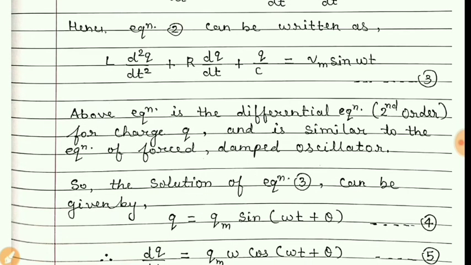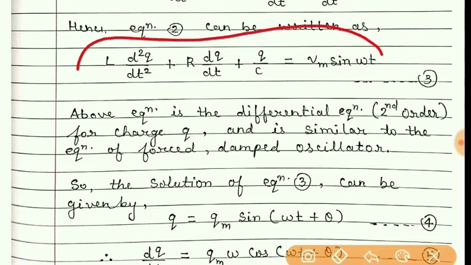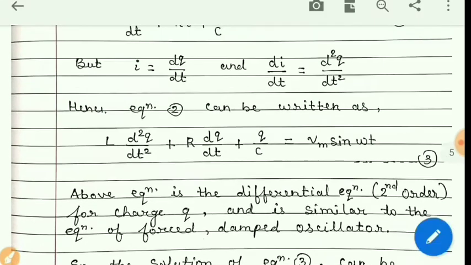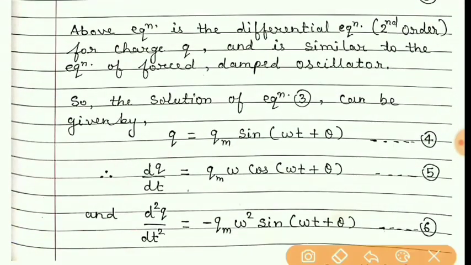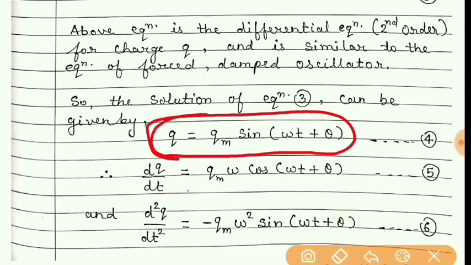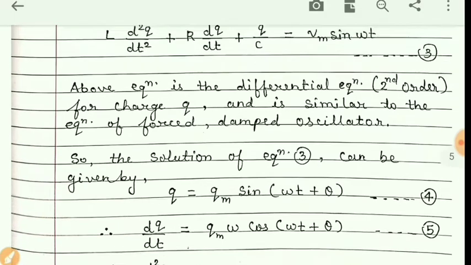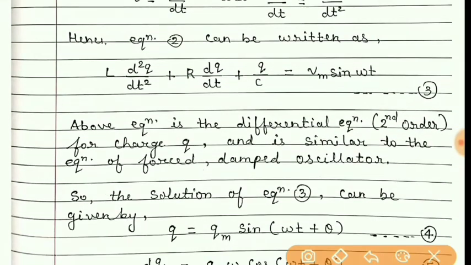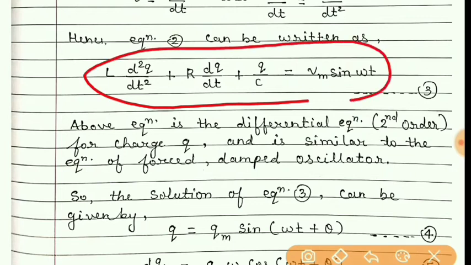And so the solution of this equation can be given by q is equal to qm sin omega t plus phi. This is the solution of this equation. Students, we know that any equation has its solution.